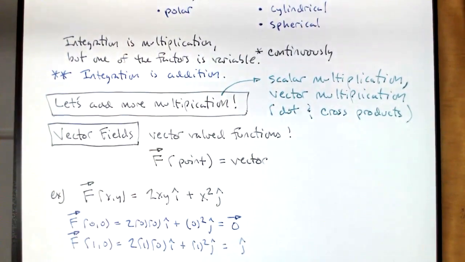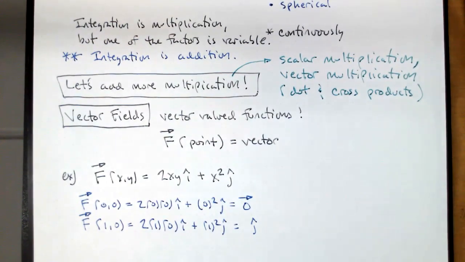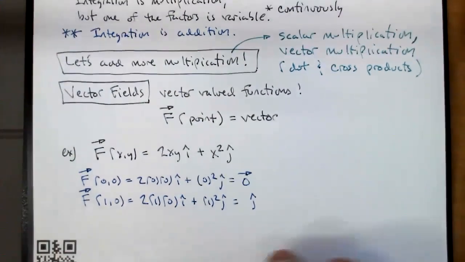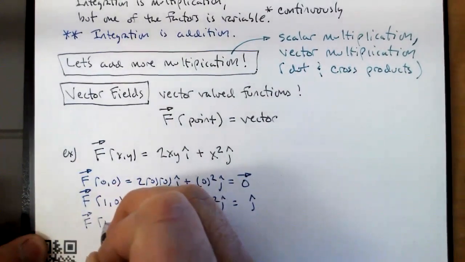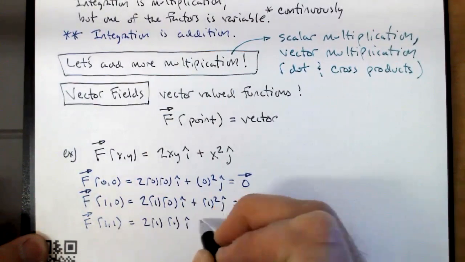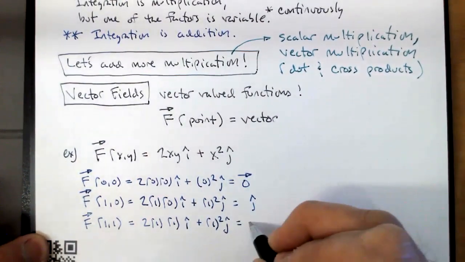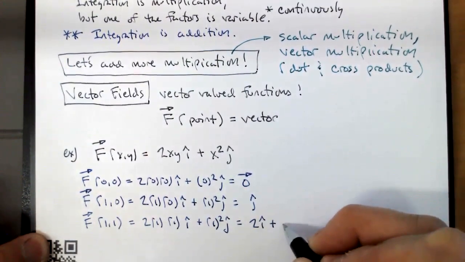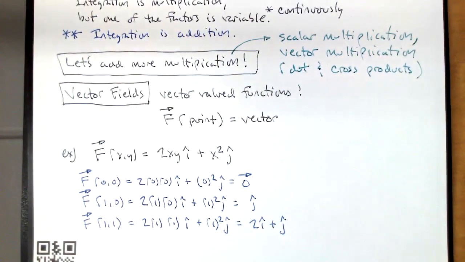We look at the point 1, 0. Then the output vector is j. If we look at the point 1, 1, the output vector is 2i plus j.